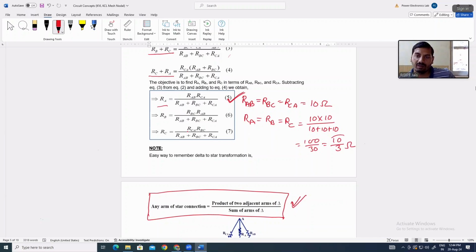So what is the meaning of 10 by 3 ohm? If the resistances are equal, from delta to star conversion, resistances are divided by 3.